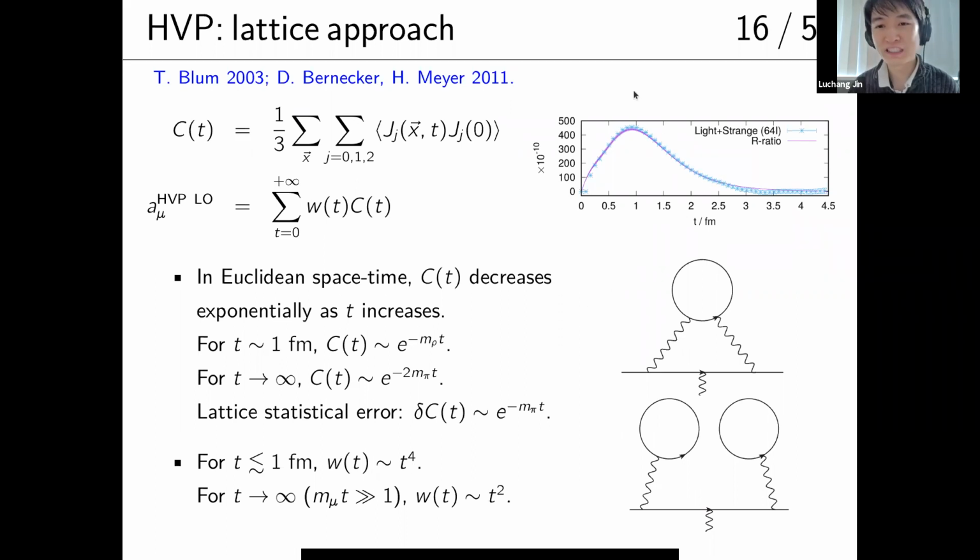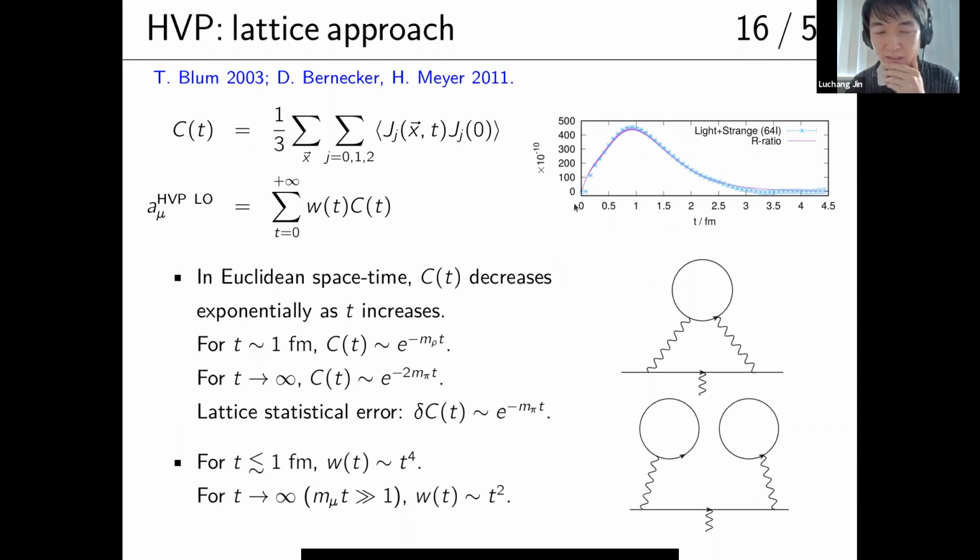But all this region can be viewed as the short distance region. It has to be very long before it reaches the long distance region, in which case it becomes t squared. And this deviation happens here. So for the rough behavior, we can think that the weighting function just behaves like t to the 4th.